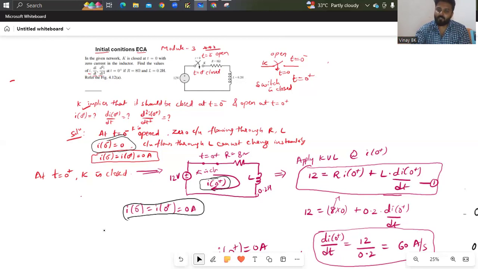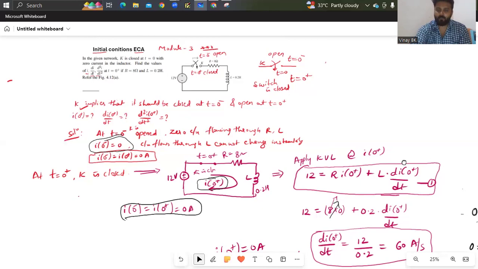I is actually I of 0 plus, the switch is closed when t equals 0 plus. And I of 0 plus you already know is 0. By simplifying that, you can get the value of di by dt when t equals 0 plus will be 60 ampere per second.